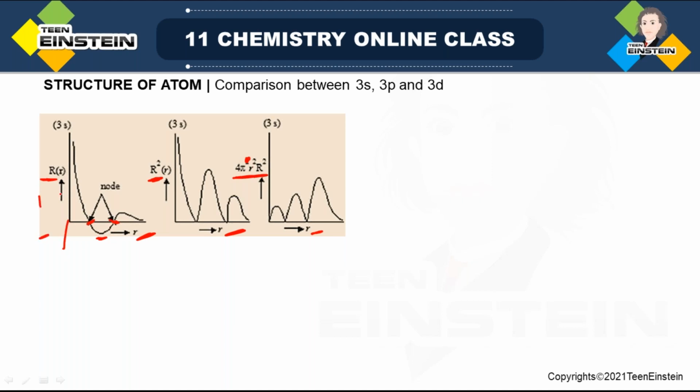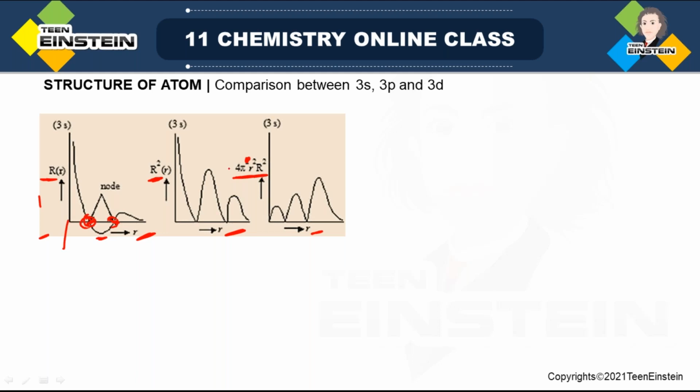So when you have not taken the square of it, when it is touching the axis, that is where the nodes will be. These two are basically nodes because at these 2 points it is touching the axis. So we are getting total 2 nodes. Now for different types of orbital, how to understand how many nodes will be there, that we will discuss separately. Right now just see how R is changing with the distance from the nucleus. Fine. So 2 nodes are there.